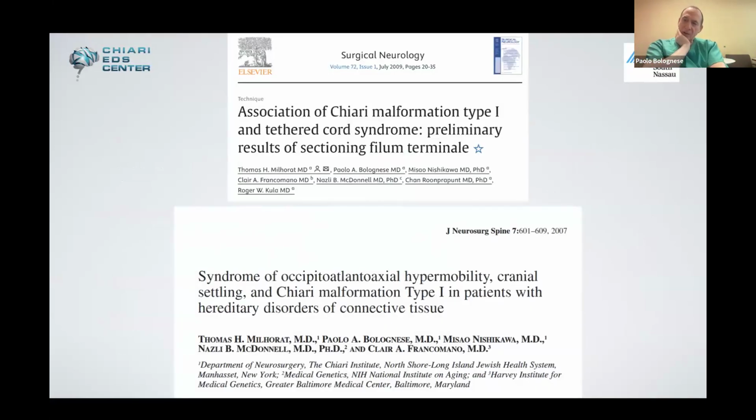Again, comorbidities. When we wrote these first two articles during the first decade of the century, they were received with skepticism. And it was a natural thing. We were sitting on a vantage point out of thousands and thousands of patients.